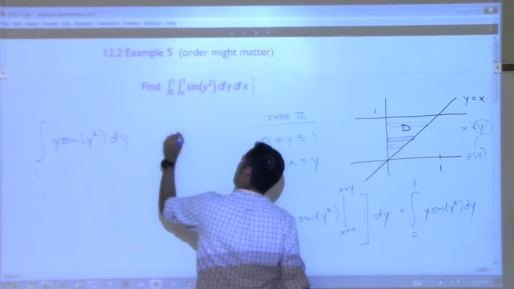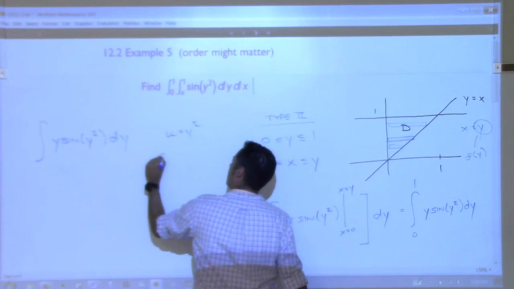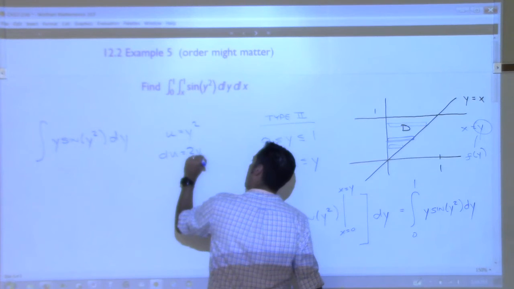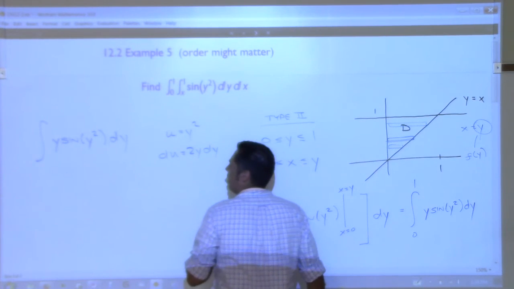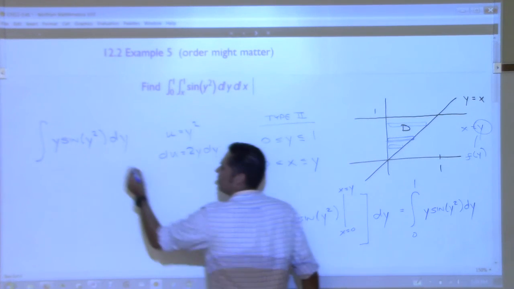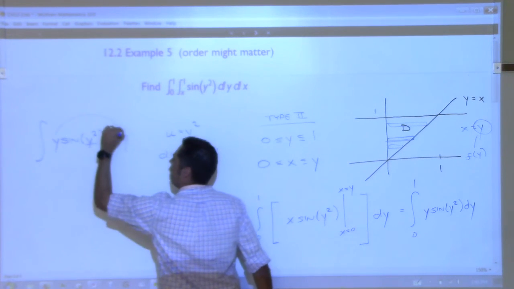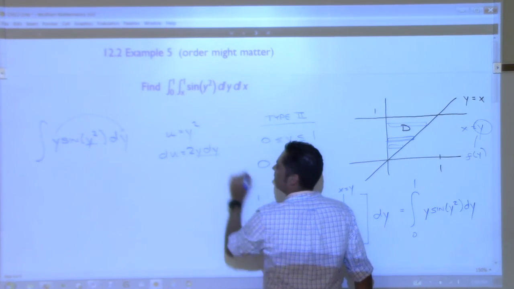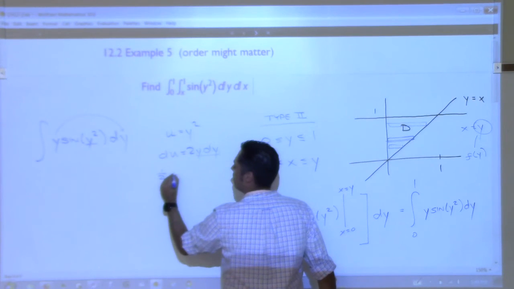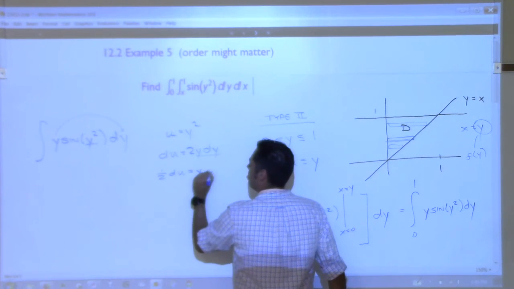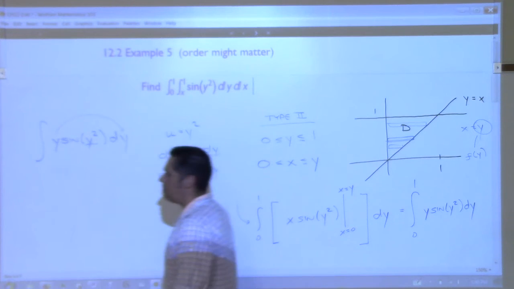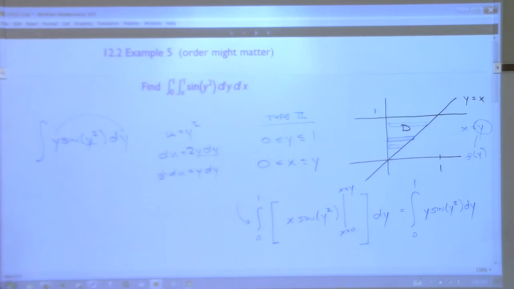Basic u sub, u is y squared, du is 2y dy, and that means I'll replace that with u, right? And then y dy, I have that right there. So I just have to scale this by a half. I hate this part of this class because anytime I actually do a u substitution or integration by parts or trig sub, people are taught different ways on how to do this.